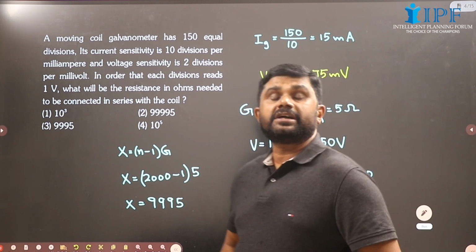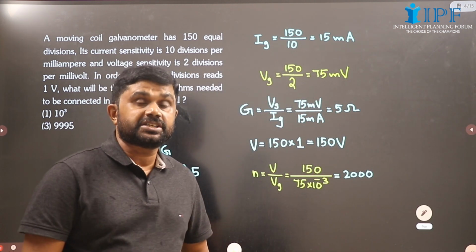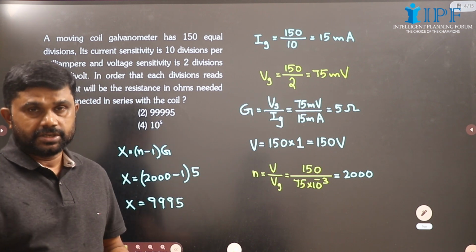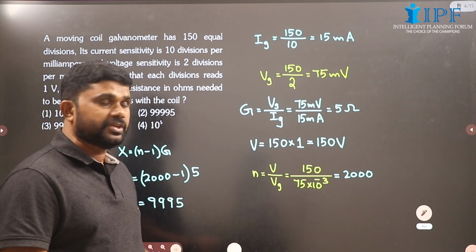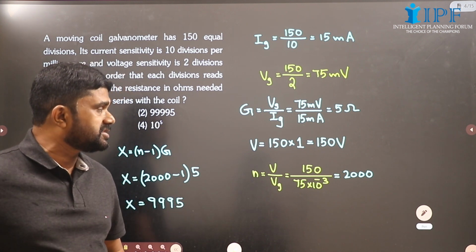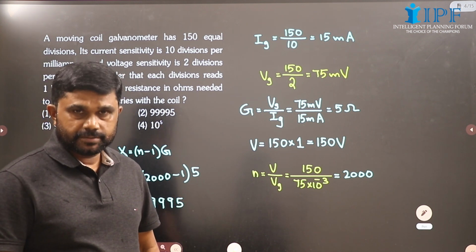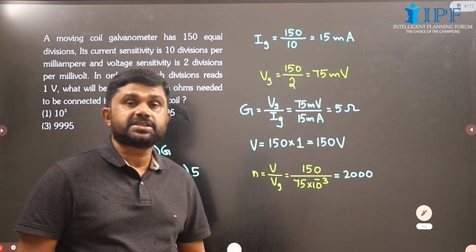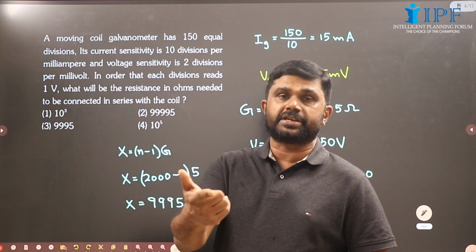Okay, so the factor by which its voltage capacity is to be increased, small n equal to V by Vg. That is equal to 150 divided by 75 into 10 raised to minus 3, that is 2000. So its voltage capacity is to be increased by 2000 times.